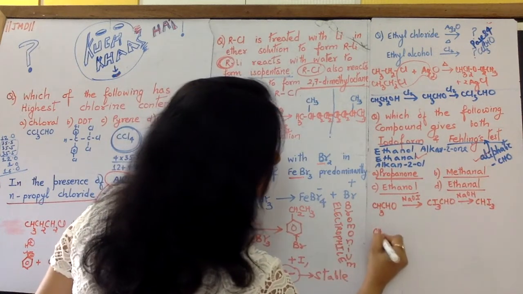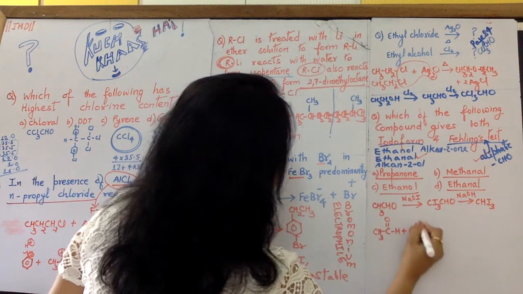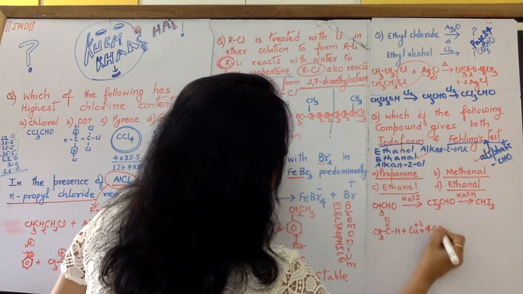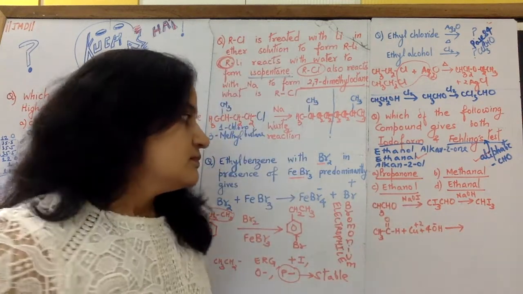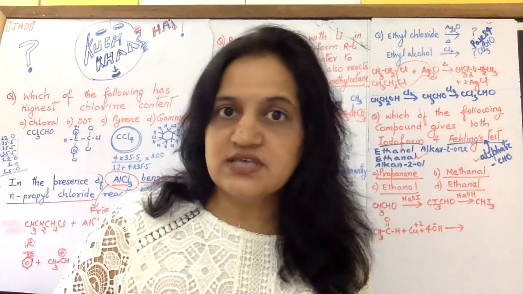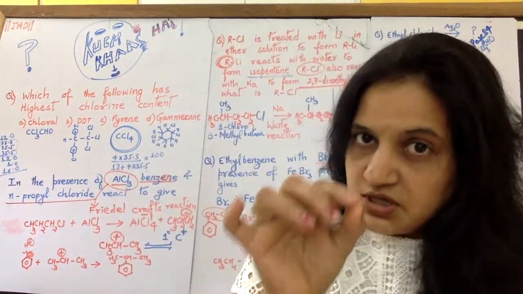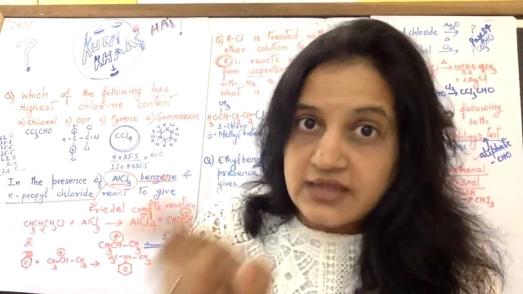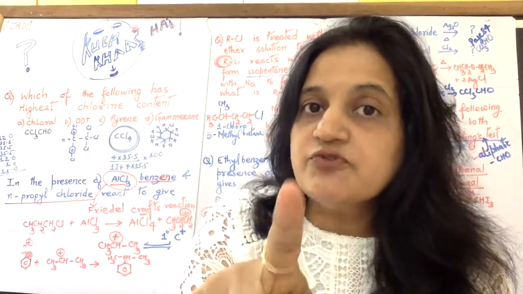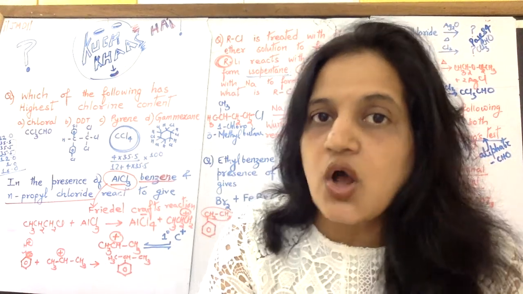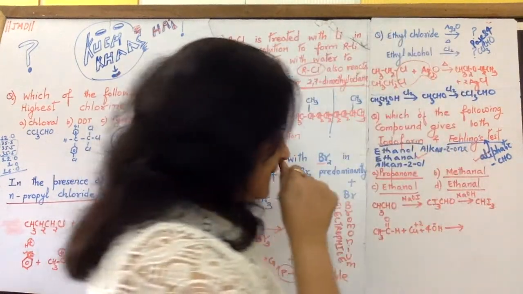And when ethanal, that is acetaldehyde, reacts with Fehling solution, which is a solution of copper sulfate and sodium potassium tartarate, that is, a solution of copper sulfate and Rochelle salt. Sodium potassium tartarate is also called Rochelle salt.